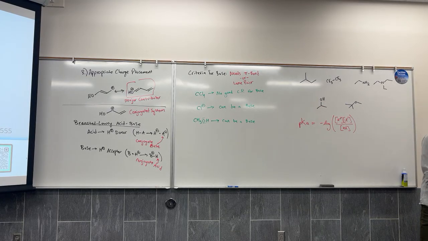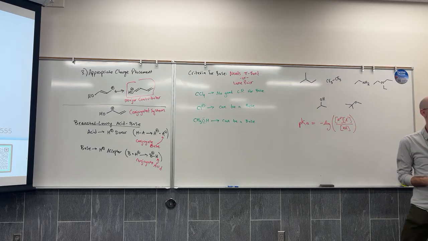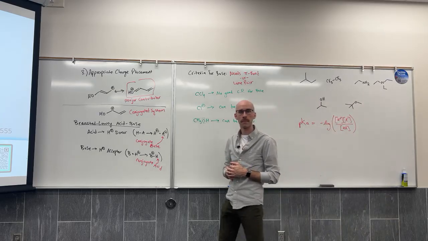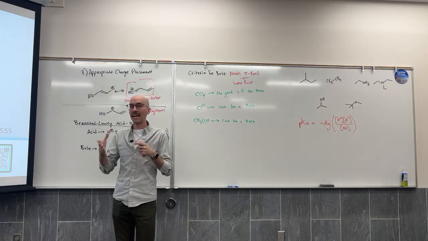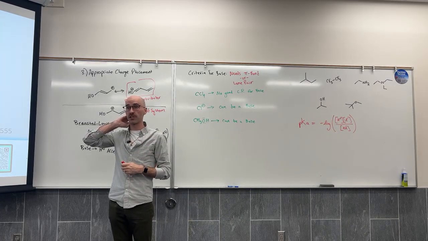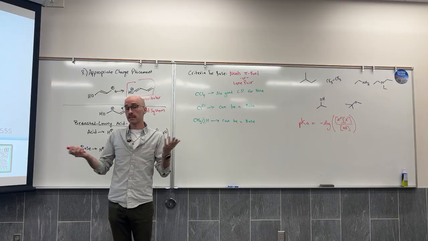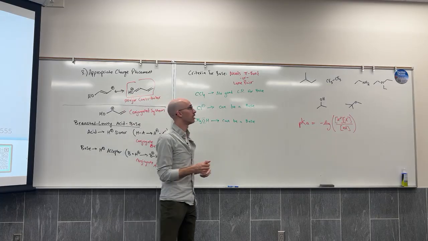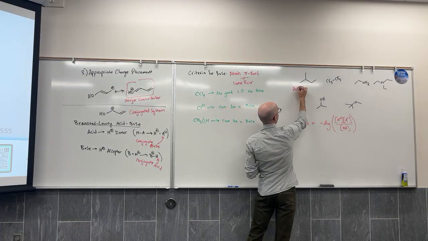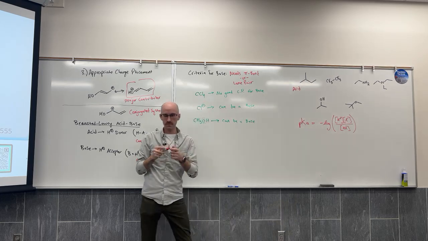So let's talk about these first two. The structure on the left: acid, base, neither, both, depends on its circumstance. Can it be an acid? Does it have hydrogens to donate? Yeah, it's got lots of hydrogens to donate, so it could be an acid. Does it have any lone pairs or a pi bond?